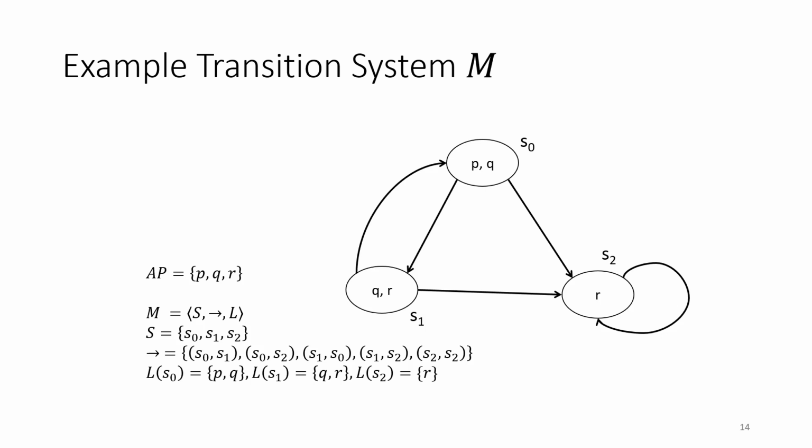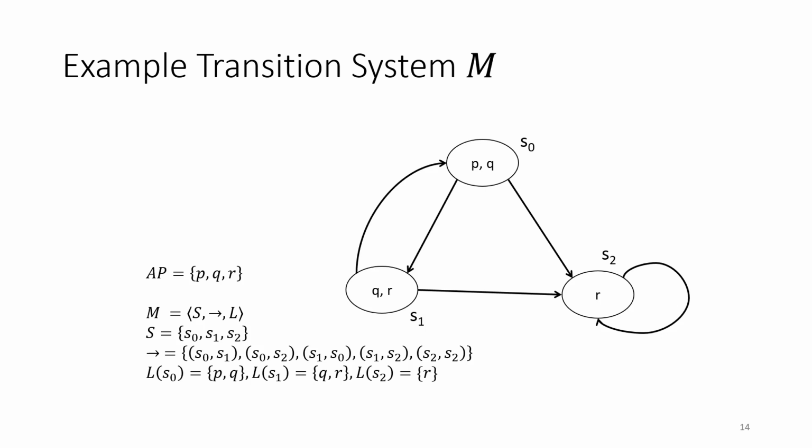And here we have another one. We have three states now, and we have P, Q, and R as atomic propositions. And it's very much the same. We have here S0, S1, S2. There are some transitions between them and some loops. Now we could write down these relations very easily.